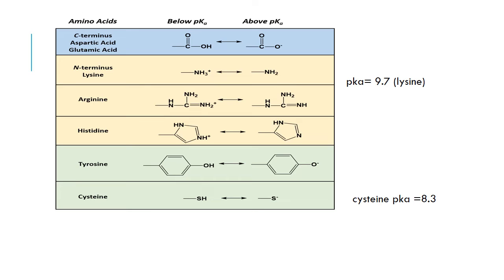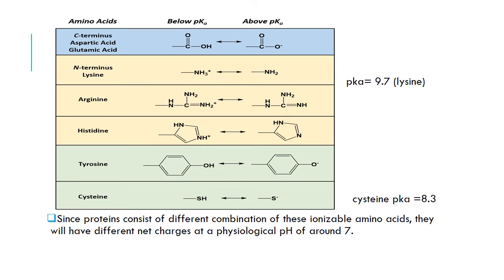From what we've tried to explain here, there are some things we need to note. Since proteins consist of different combinations of these ionizable amino acids, we are expecting these proteins to have different net charges at a physiological pH of maybe around 7.